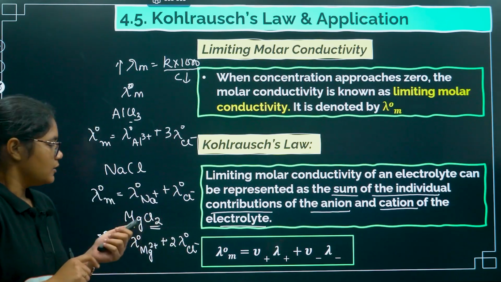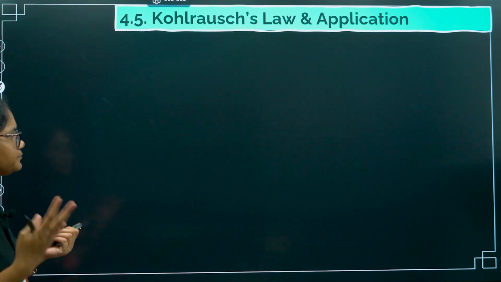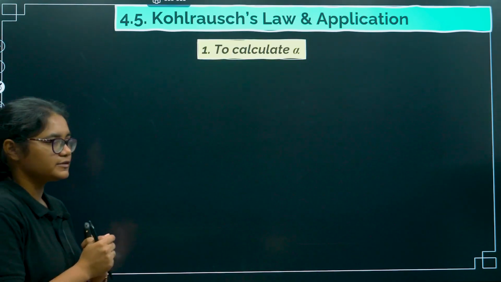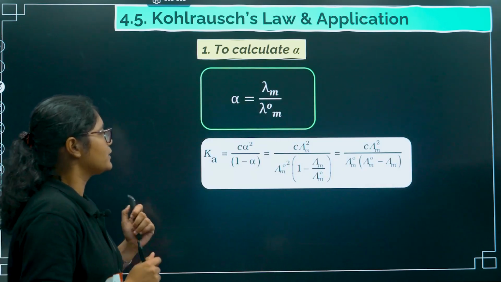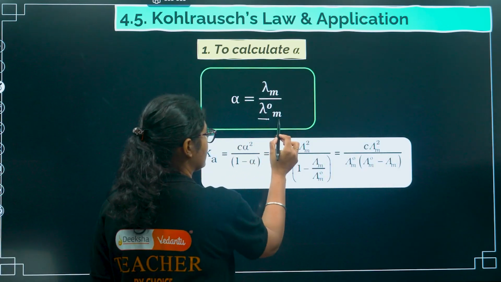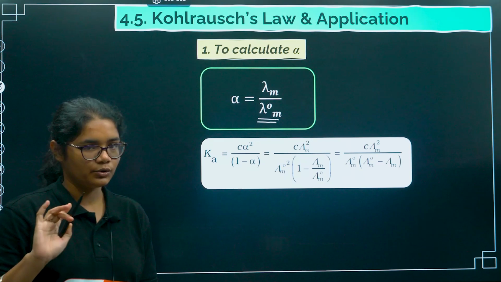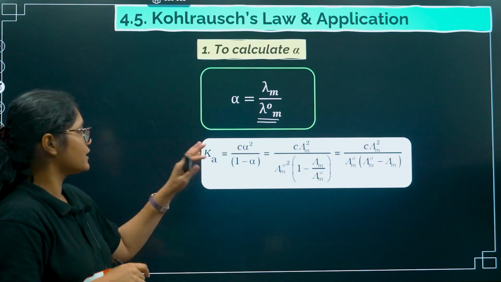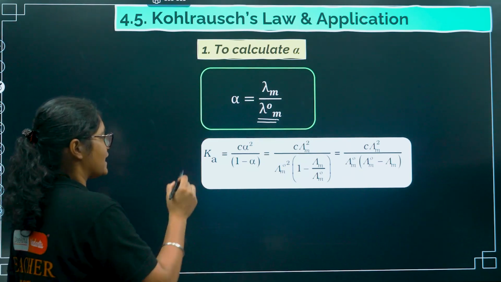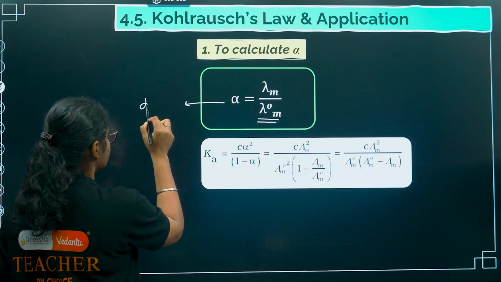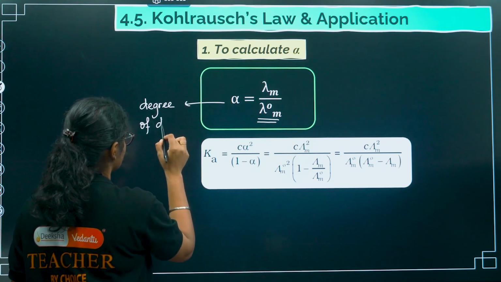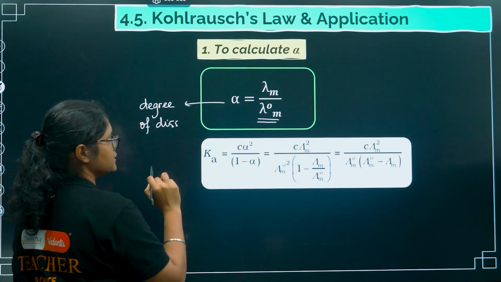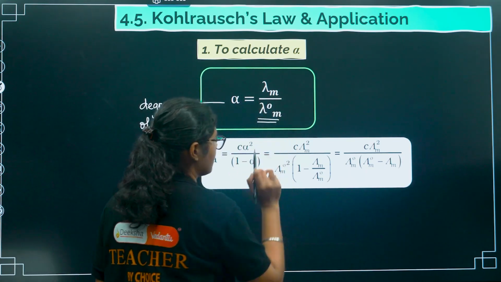Now what is the use of Kohlrausch's law? The application is that you can calculate lambda naught m using Kohlrausch's law. Kohlrausch's law can also be used to calculate alpha. What is alpha here? Alpha is the degree of dissociation, equal to lambda m by lambda naught m.